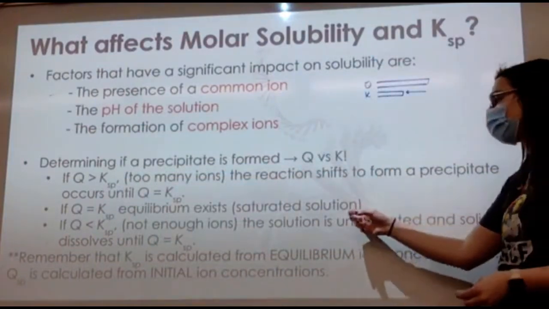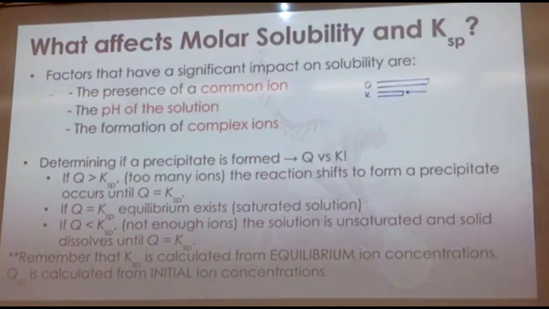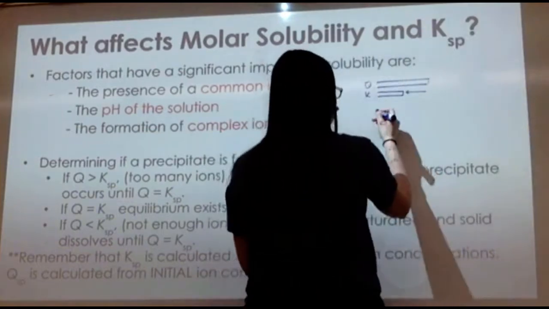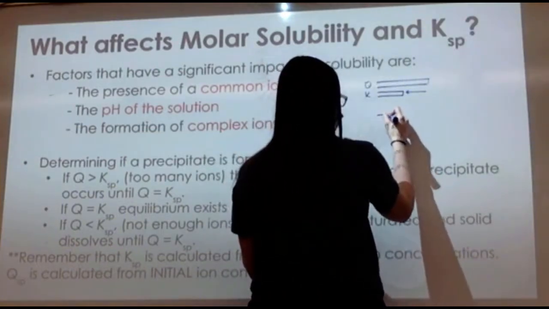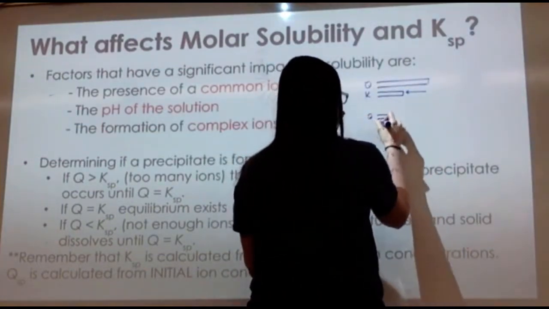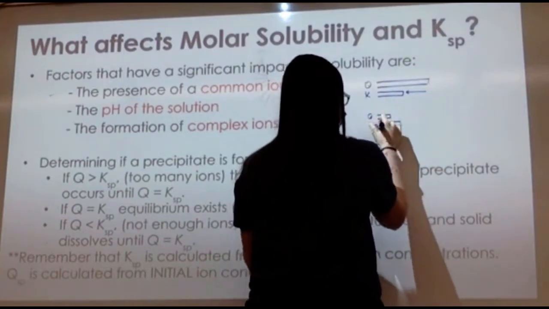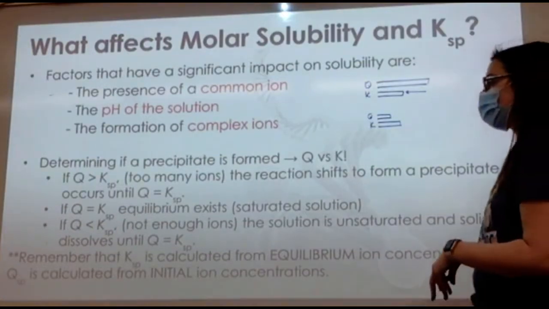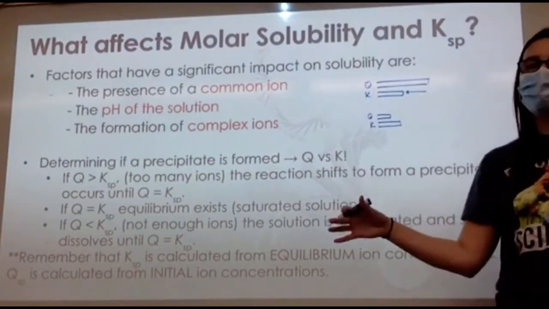When Q equals K, this is a saturated solution. We're at equilibrium. And then if Q is less than K, so if you think about these bar graphs again, here's Q, here's K. If Q is less than K, we are not at equilibrium. We are only at equilibrium if Q equals K. Remember, Q is at any time.